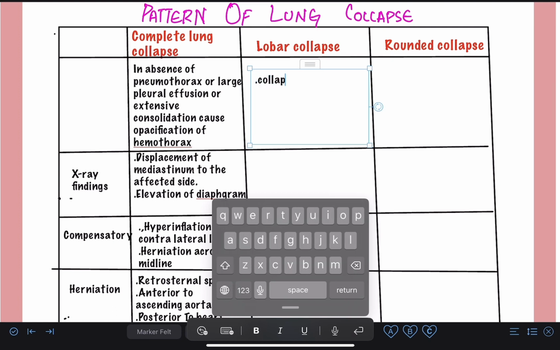In lobar collapse, collapse of an individual lobe occurs uncomplicated by pre-existing pulmonary or pleural disease.